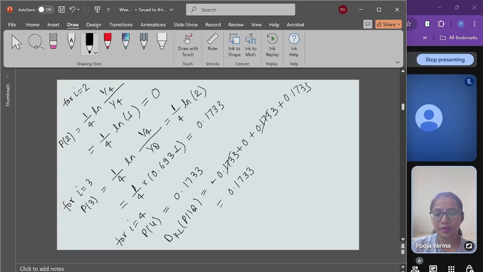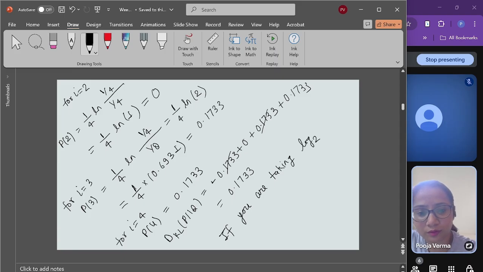So you will get the value 0.1733. You can take log base 2 also and calculate, then for that you will get a different value for D_KL, but most of the time it is calculated by the natural log, not log base 2 or base 10.